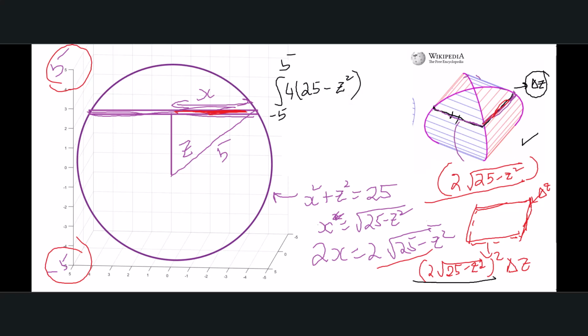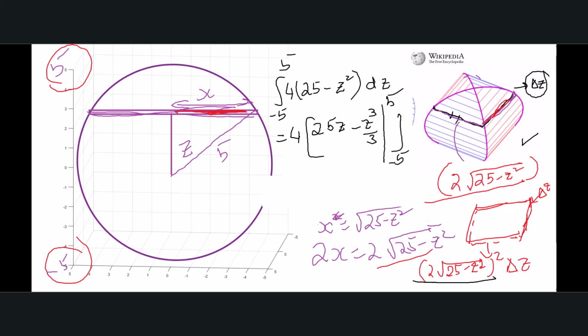When we square the square root, that sign will disappear, and then we have a dz. So we get 4, and then we have 25z minus z cubed over 3, and this ranges from -5 to 5.